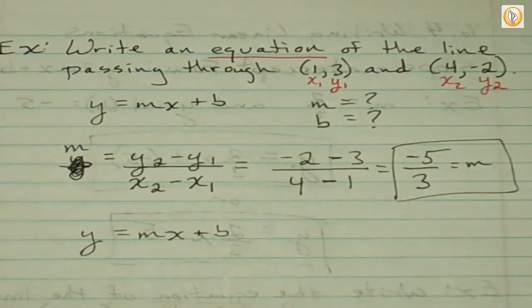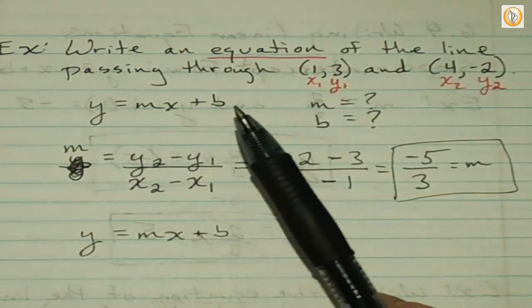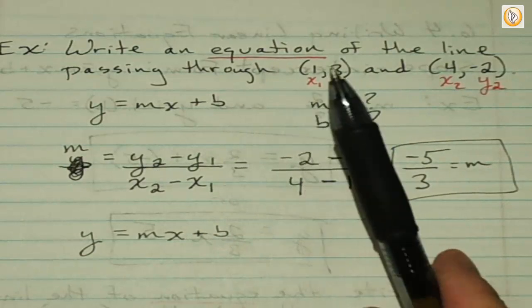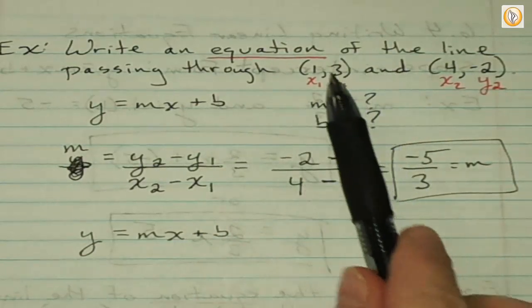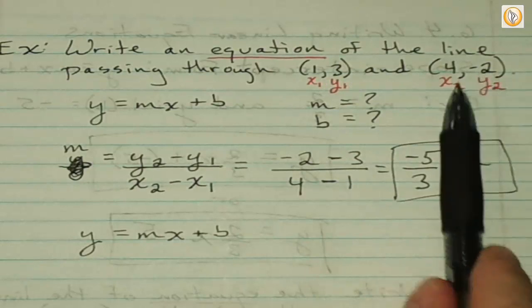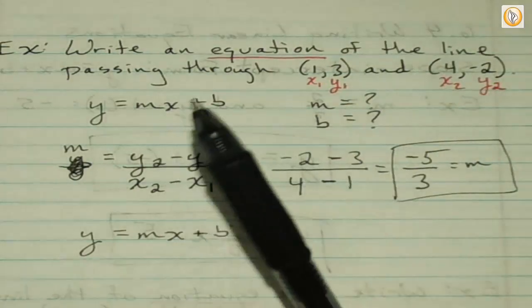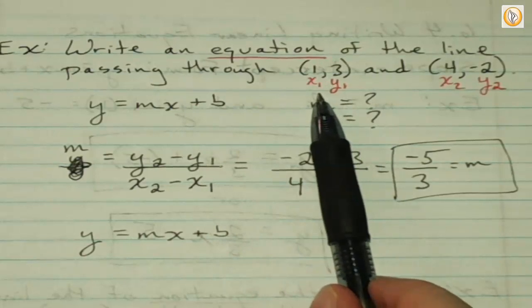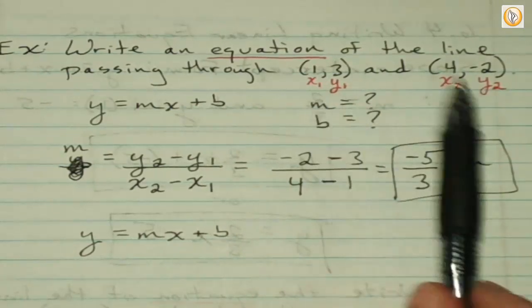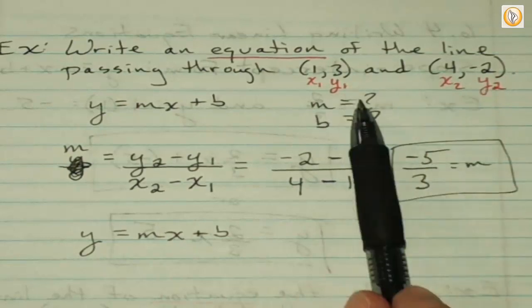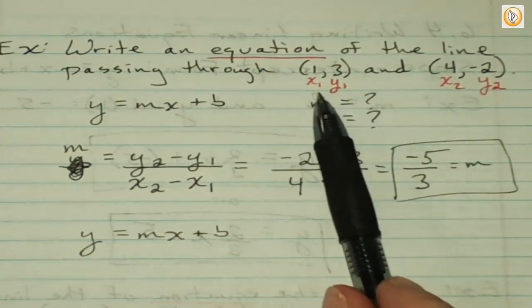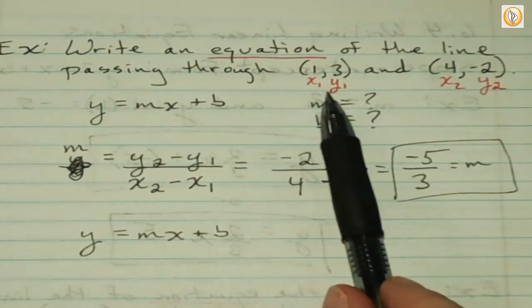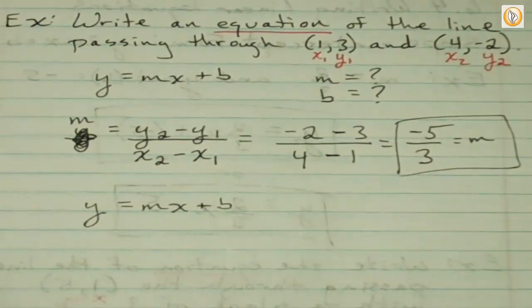You can choose this ordered pair or this one. I always choose, for consistency, the first one. It'll get you the same answer, either one, okay?